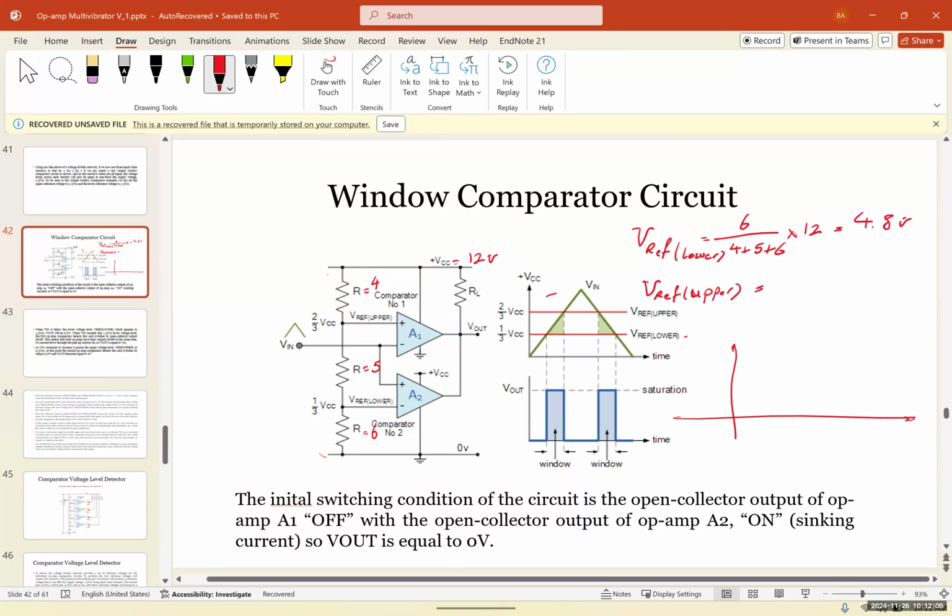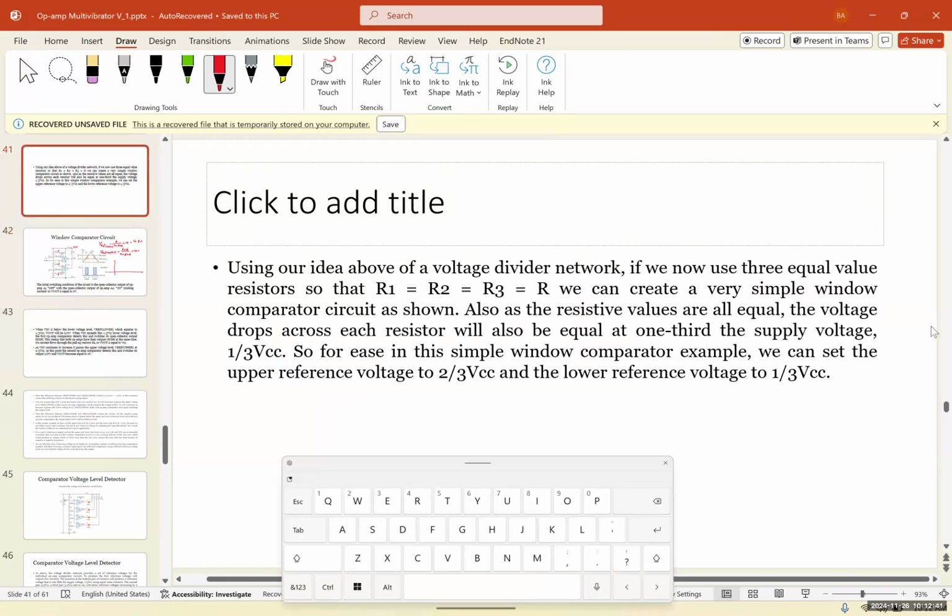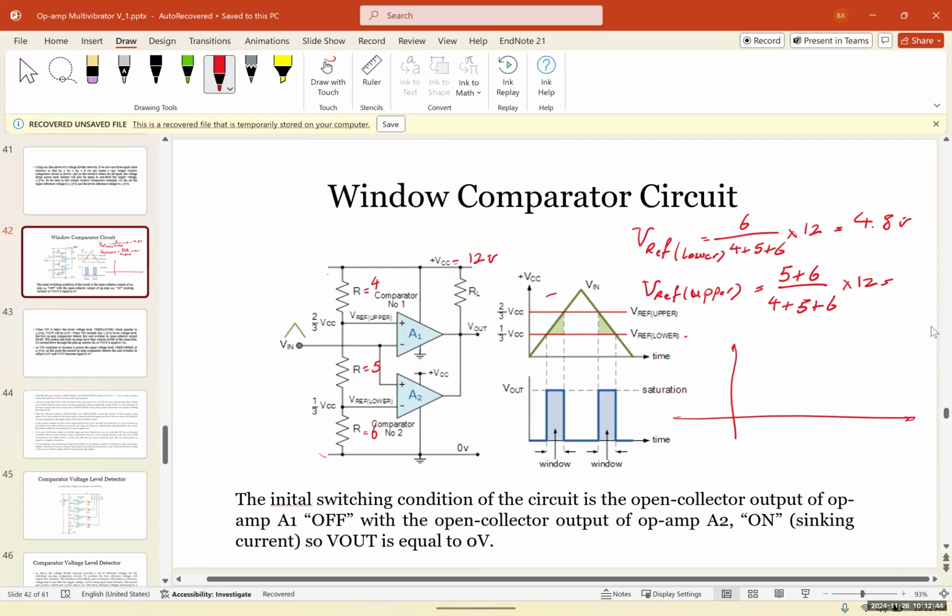And what about the upper voltage? It's going to be 5 plus 6 over 4 plus 5 plus 6 times 12, which is going to be 8.8. Am I correct?